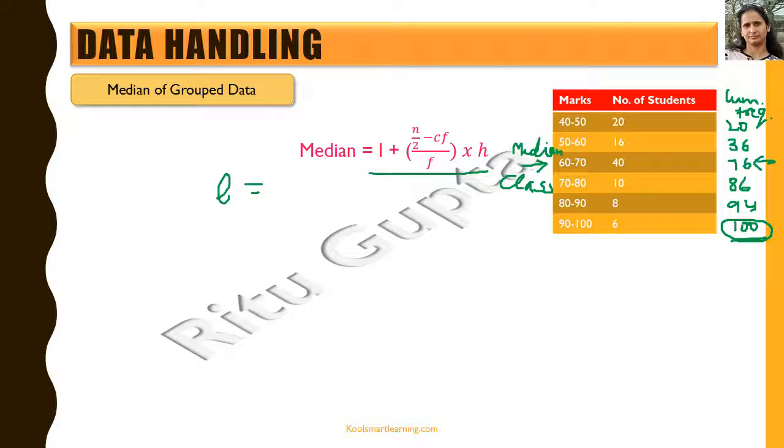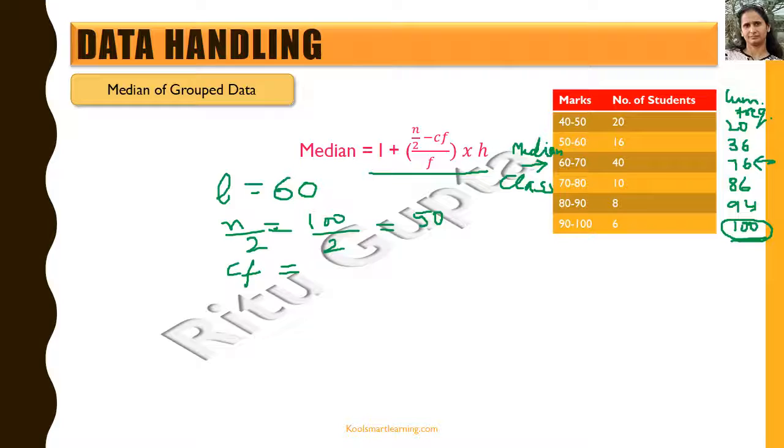So L becomes equal to 60 because that is the lower limit of the median class. We have n by 2, n being 100, so n by 2 comes out to be 50. CF is the cumulative frequency of the class just preceding the median class.